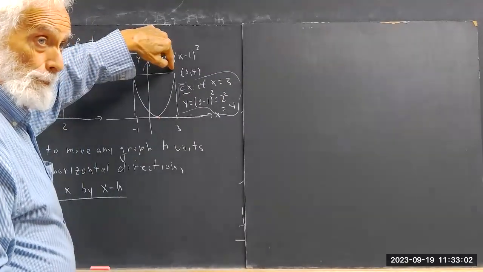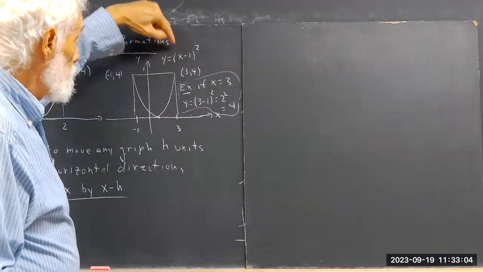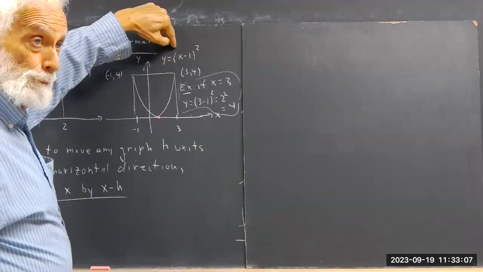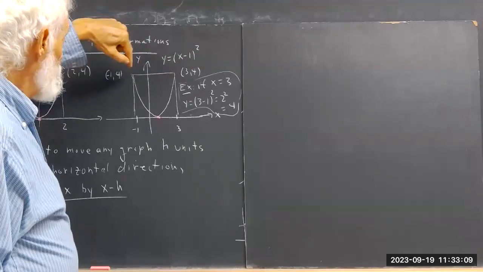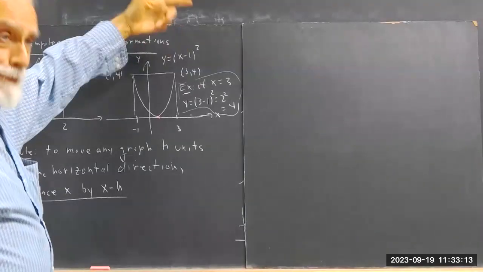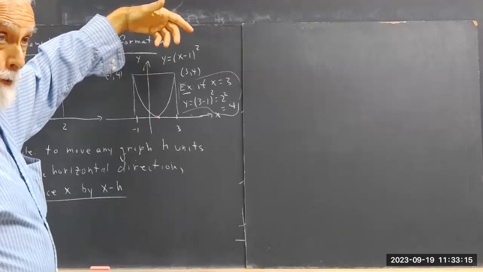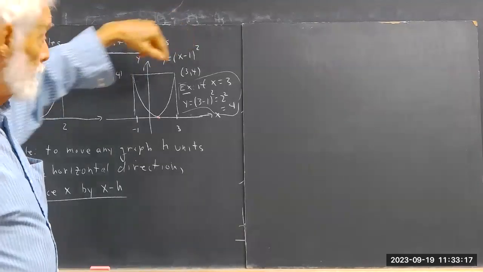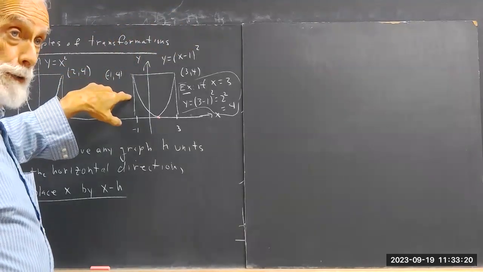Okay, so at least for the point (3, 4), this formula is confirmed. If you put in -1, you get -1 minus 1 in the parentheses, which is -2, and then you square that and you get 4. So you confirm the point (-1, 4).